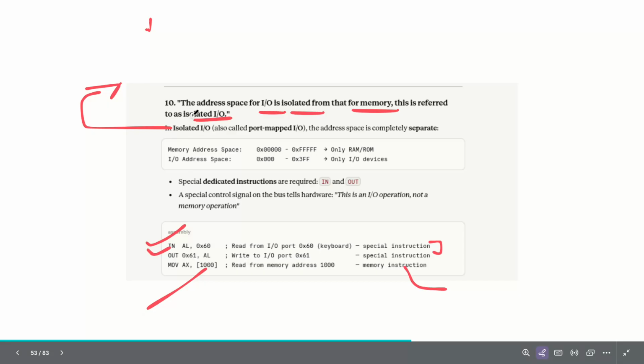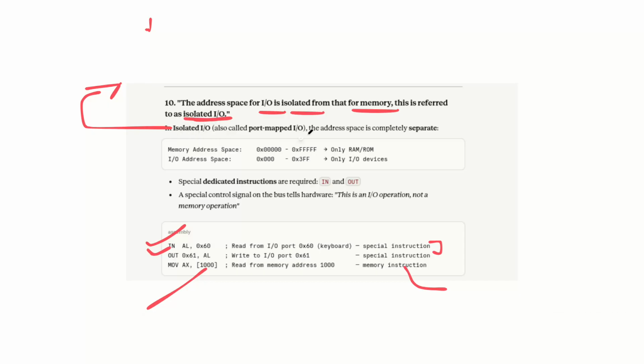So in isolated IO, where there is a separate address space, also known as port mapped IO, there are special instructions using in and out. Dedicated instructions are there for doing IO operations.